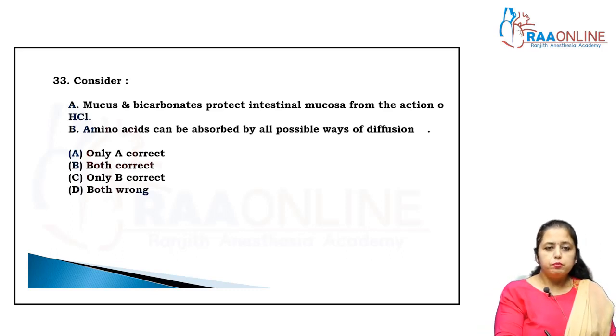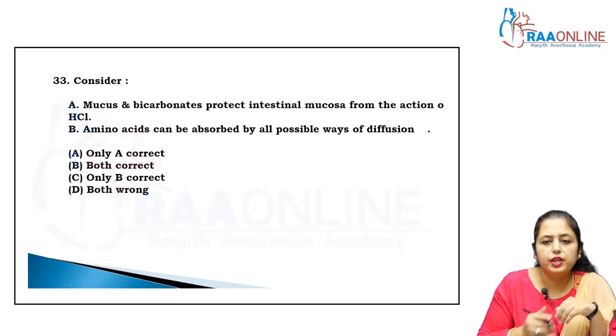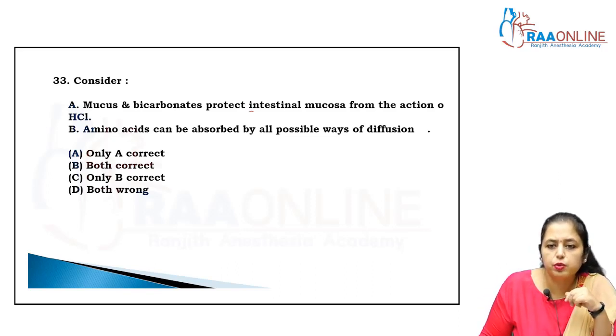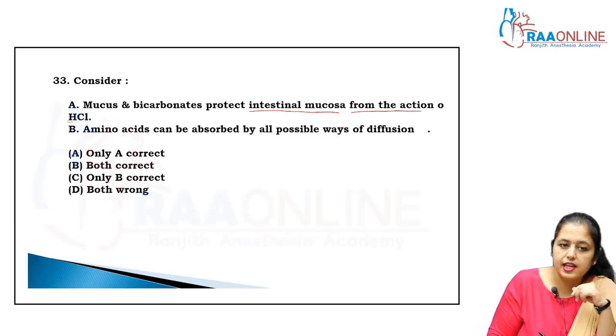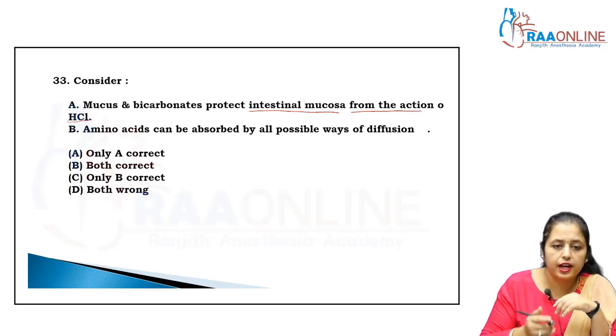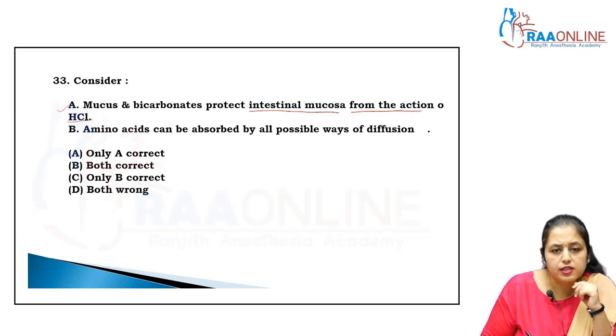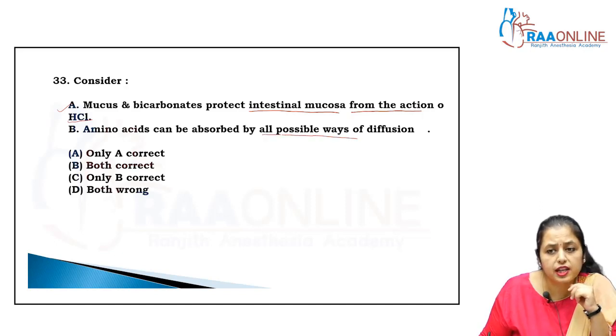Consider these statements. Mucus and bicarbonates protect the intestinal mucosa from the action of HCl. Exactly. It prevents the harmful effect of the acidic nature of HCl on the intestinal mucosa. So this statement is correct. Amino acid can be absorbed by all the possible ways of diffusion.